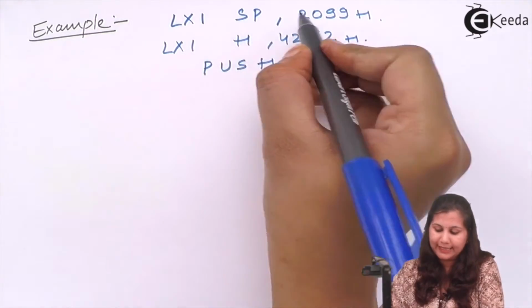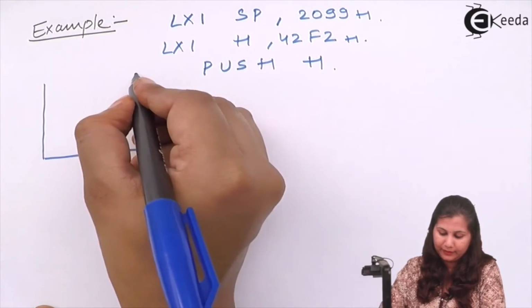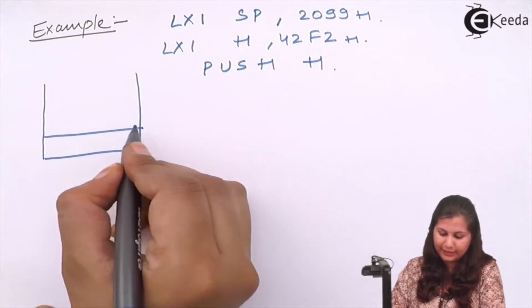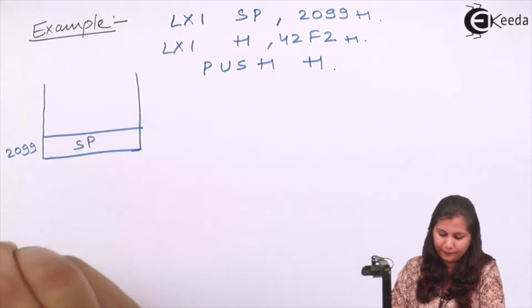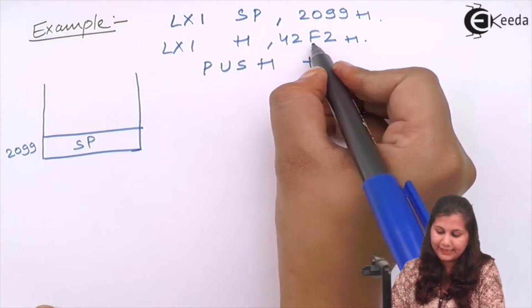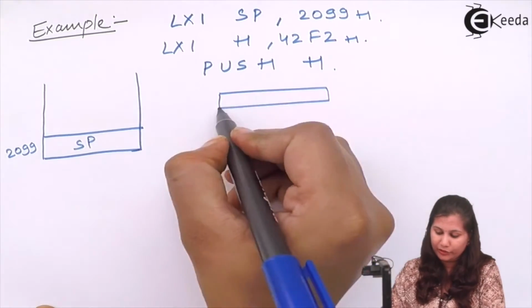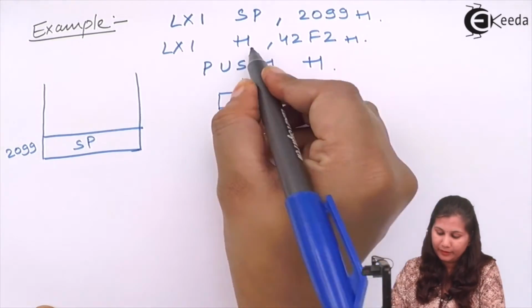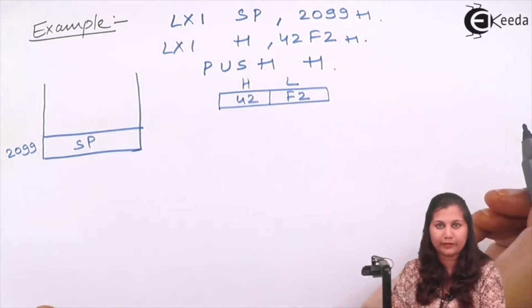First is LXI SP 2099. So the stack pointer is initialized at the memory location 2099. Then we have LXI H 42F2. So in the HL register pair, we will have 42 and F2H.